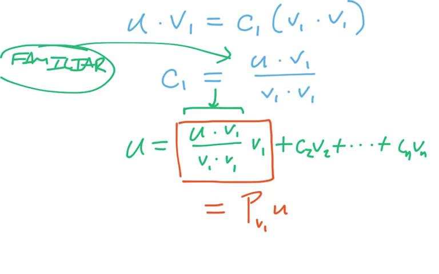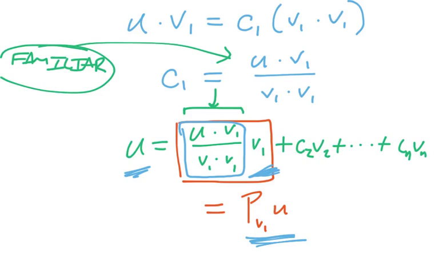This tells you exactly how to calculate the coefficient, first of all, because it is the coefficient that goes in front of V1 in the projection formula. And the part of u that points in the direction of V1 is precisely the projection onto V1 of u. Just like you thought it maybe should be, right?